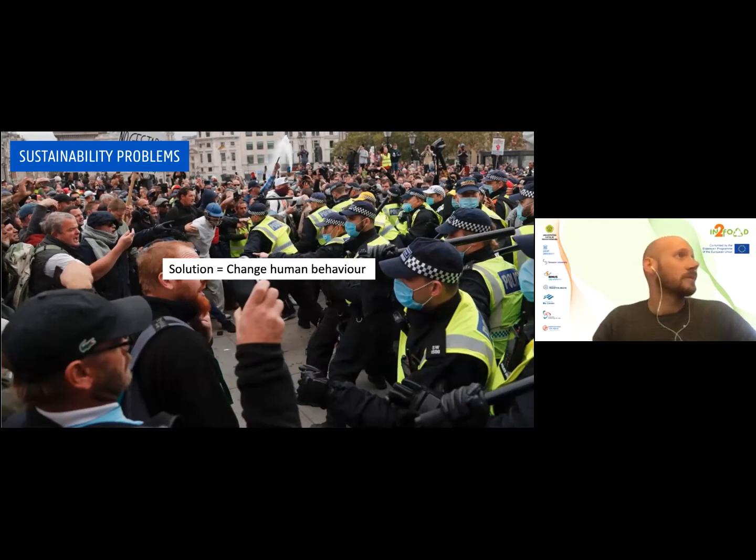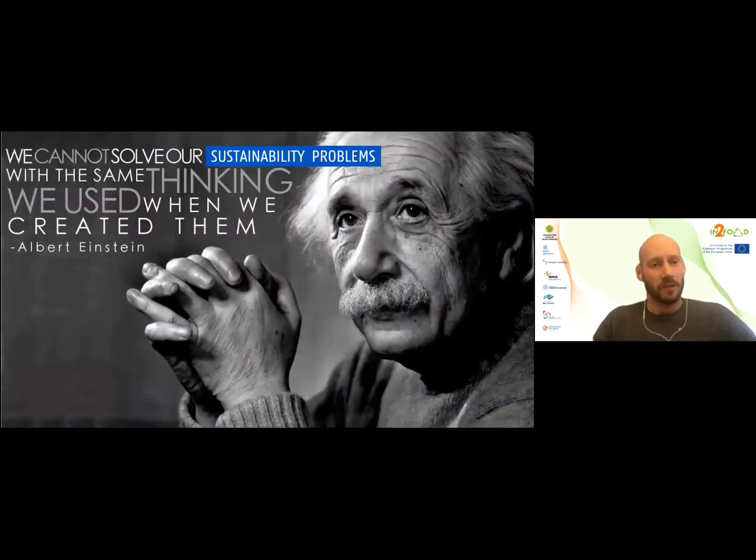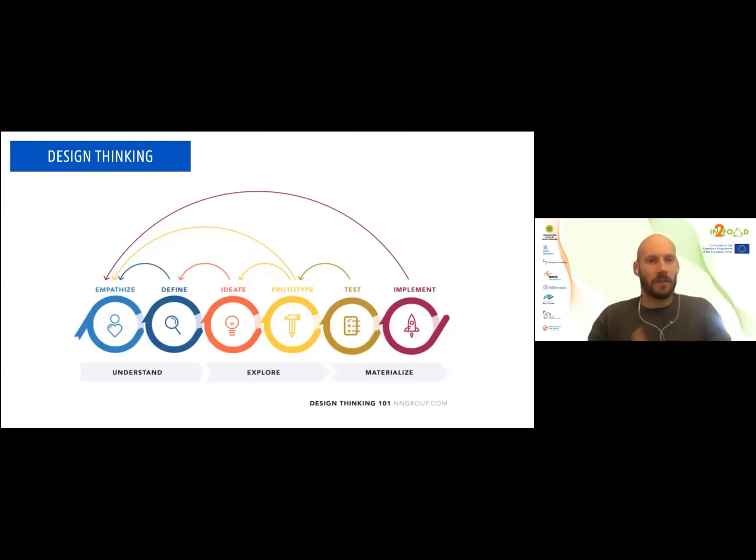So, to quote maybe someone that has been quoted a lot, we cannot solve our problems, and definitely not sustainability problems, with thinking in the same way we used when we created these problems. So we have to think differently. And I think there is the core of the method that we call design thinking.